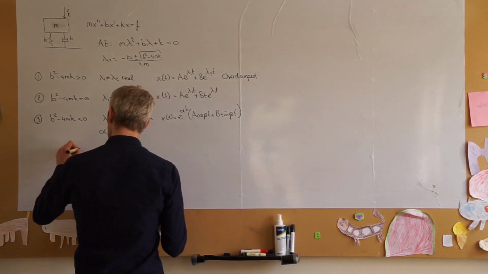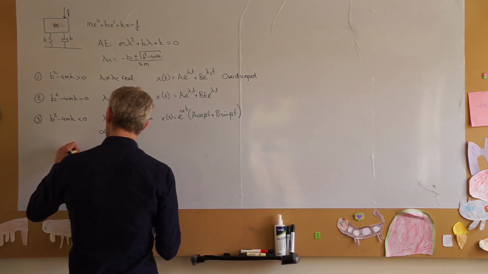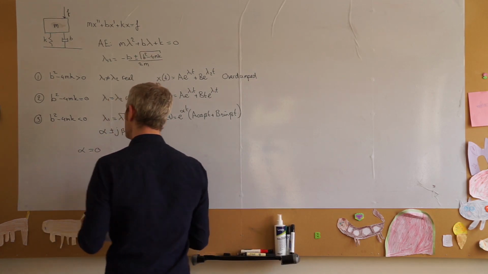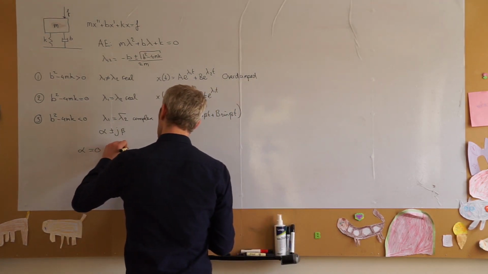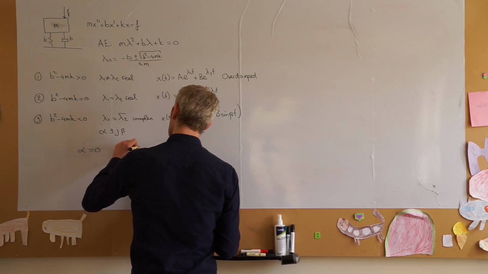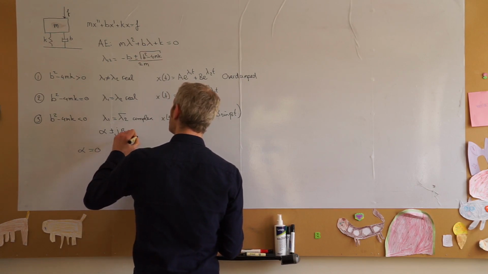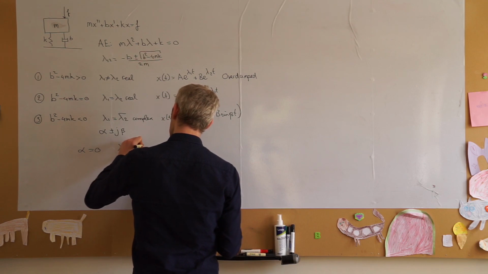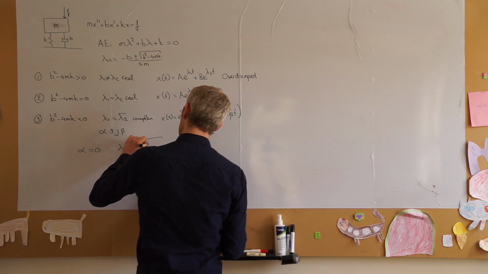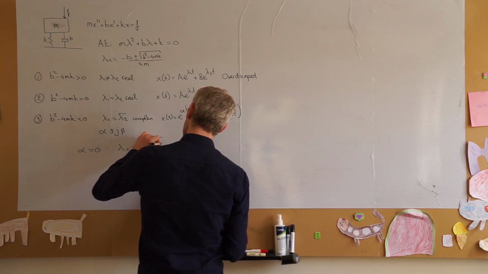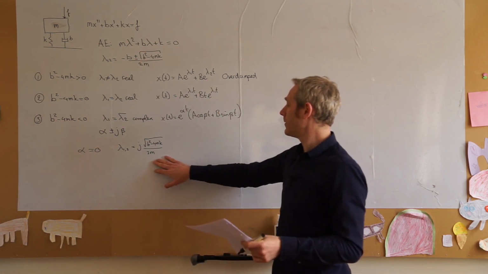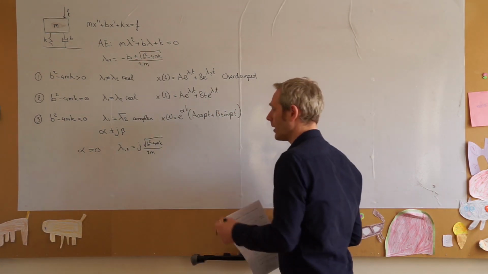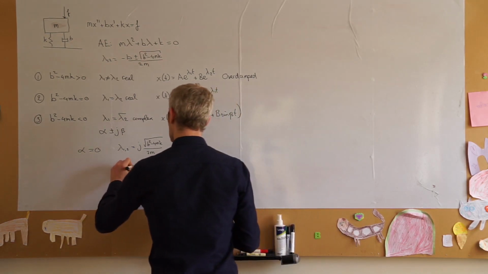So there are two cases we can separate. One is that if alpha is 0, so we get purely imaginary roots. So lambda 1 and 2 are equal to plus or minus j times beta, which would be the square root of b squared minus 4mk over 2m.